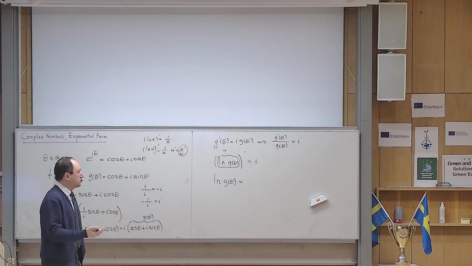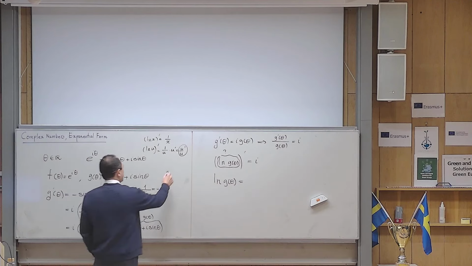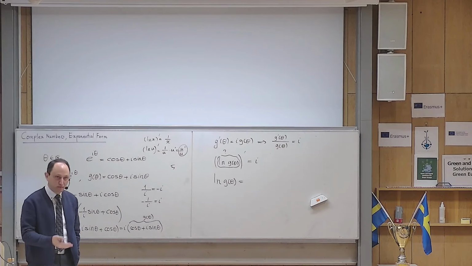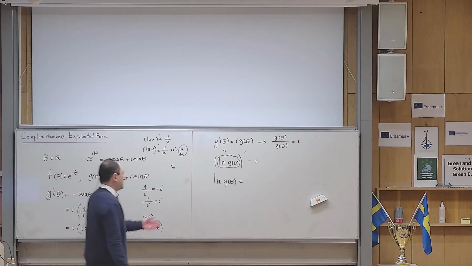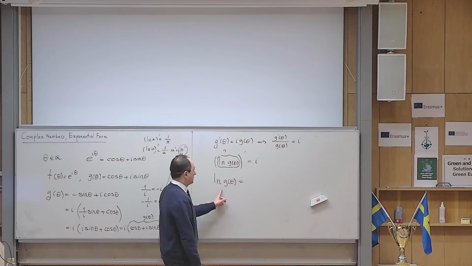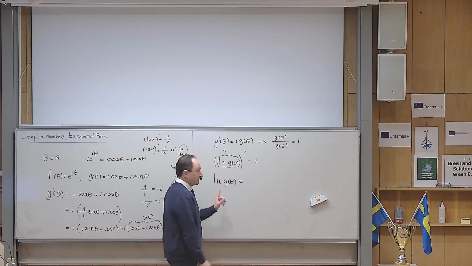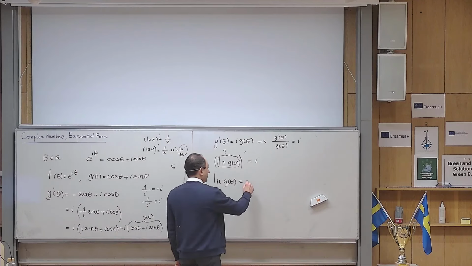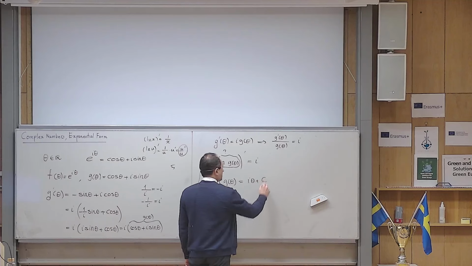Let me see, I give you a function whose derivative is 5. So what is that function? 5x plus any constant. So I need a function whose derivative is i. So what can I say about the function? Not x, because the variable here is theta. Yes, so it becomes i theta plus a constant.